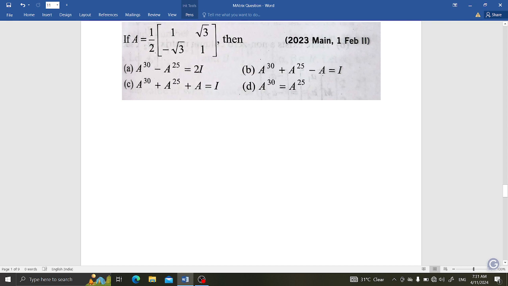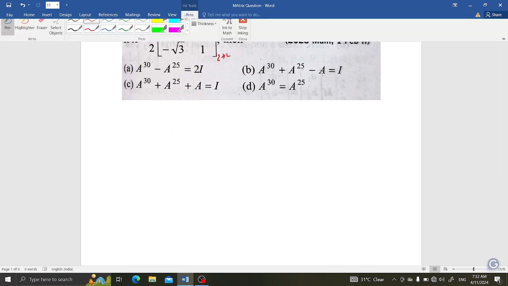That is A equals 1 by 2, 1 root 3 minus root 3 1. This is a 2 cross 2 matrix actually, and our task is to find the expression of A raised to power 30, A raised to power 25. We need to evaluate and then we will check which option is true.